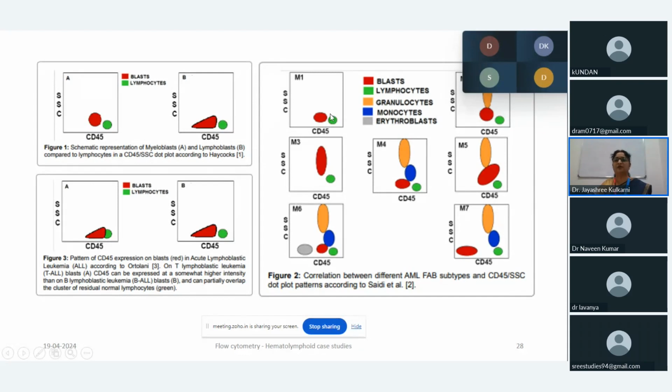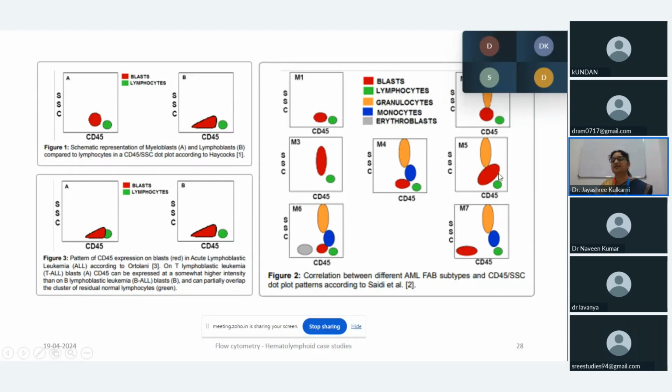When it comes to myeloid blasts, again, this is the M1. This is an old classification, mind you, but it is still there in the WHO NOS, where we give it by morphology. So your M1 blasts are here with M2. Already the maturation has started, hence you are seeing the granulocytes also, mature granulocytes. M3 is because they are the abnormal promyelocytes. They have gone much higher. In M4, you have the myeloid blasts as well as the monocytic blasts and mature monocytes.